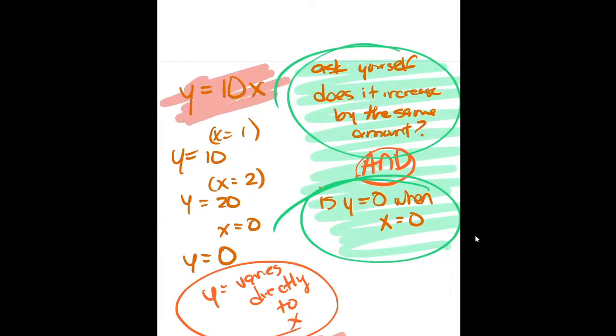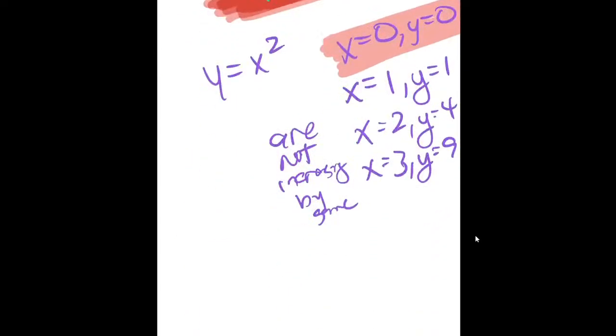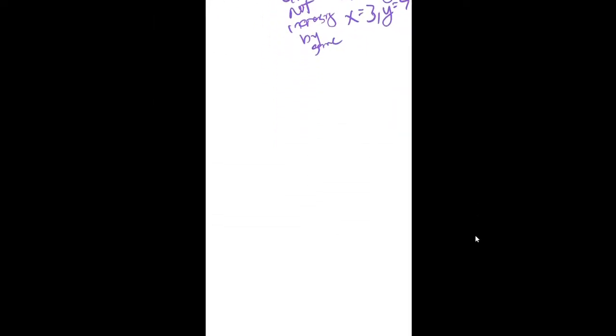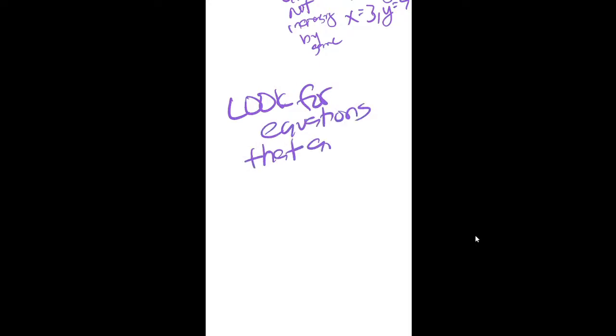Y equals 10x and no one else. Okay? That sounds quite depressing, actually. The only way for it to have a direct variation is for it to be alone. So let's just go ahead and call that a mental shortcut. Look for equations that are lonely.